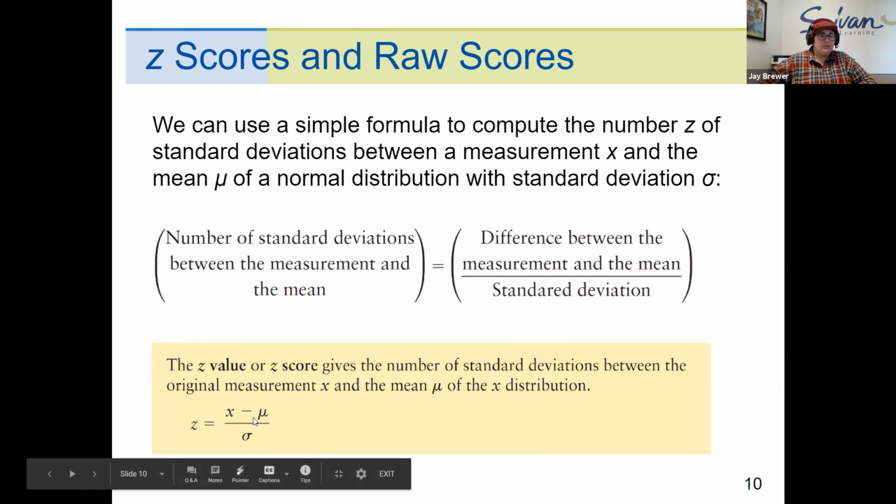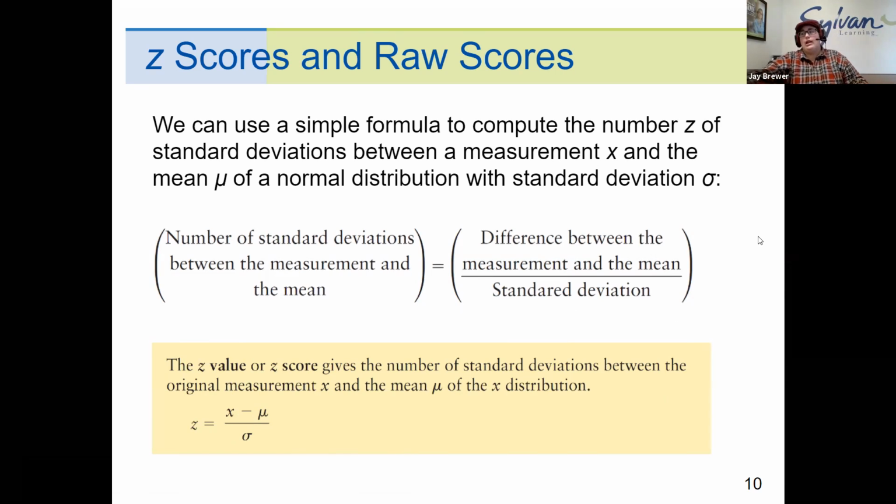Okay, so x minus mu over sigma, or the x value minus the mean divided by the standard deviation. Go ahead and write down how you find the z-score. You will not ever forget it because you will use it so many times in this class.